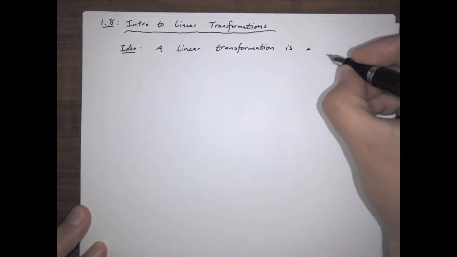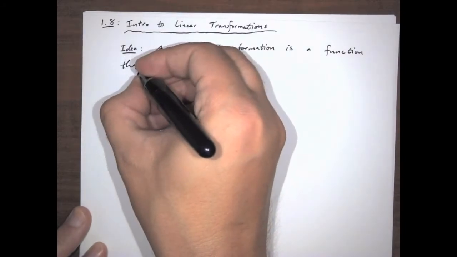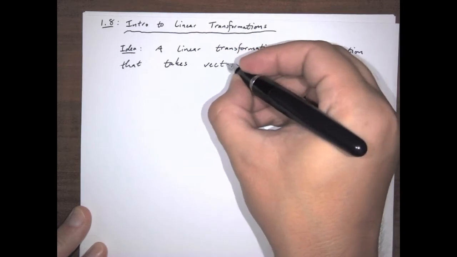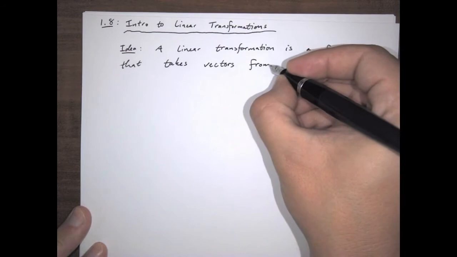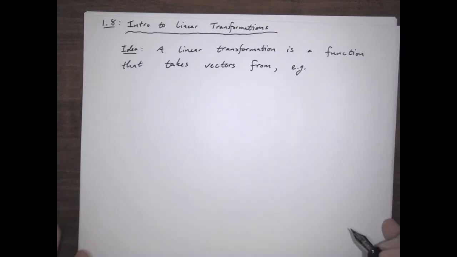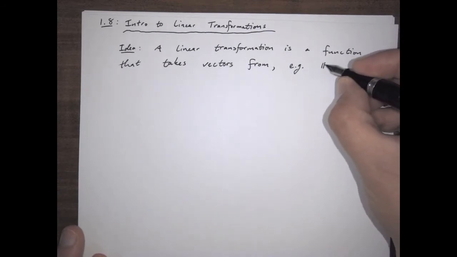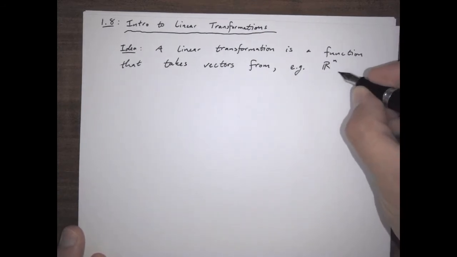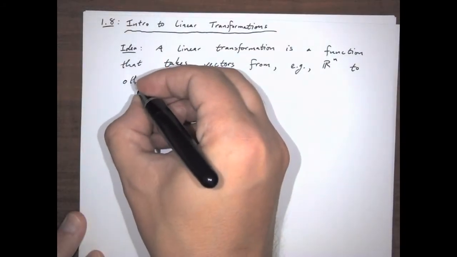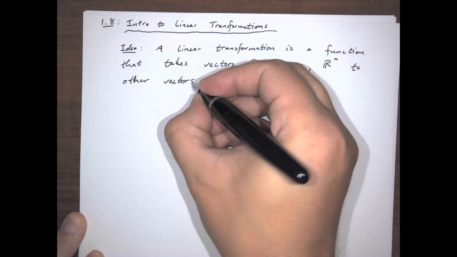is a function that takes vectors from, for example, Rn to other vectors in Rm.